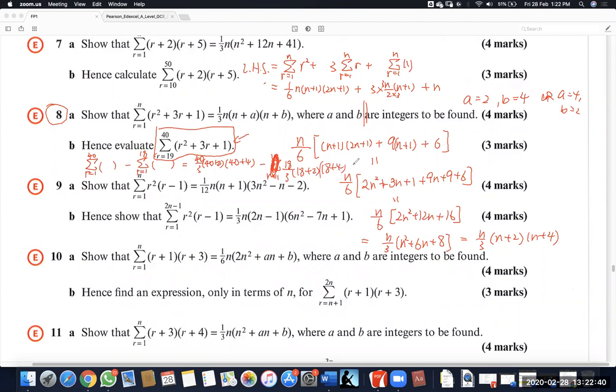So I'm not going to use my calculator to find the answer, okay? That's it. Let me just calculate the value: the sum of r squared plus 3r plus 1 from 19 to 40 is 22000. If I directly put this in the calculator, you get 220.